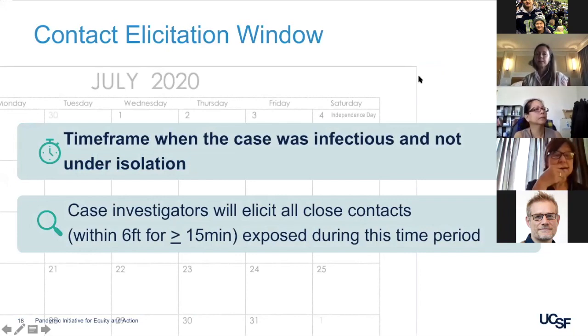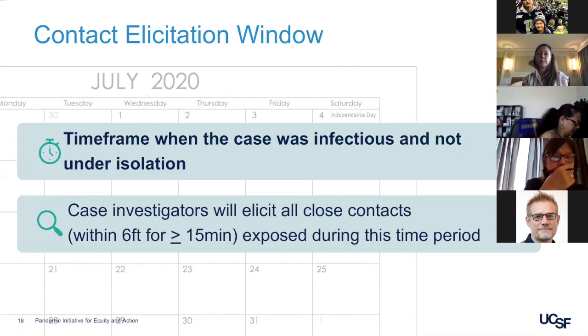So the contact elicitation window is the time frame when the case is infectious or contagious, able to spread the disease when not under isolation. If someone is isolating, they're not able to spread COVID to anyone else, so we don't include that in the window.